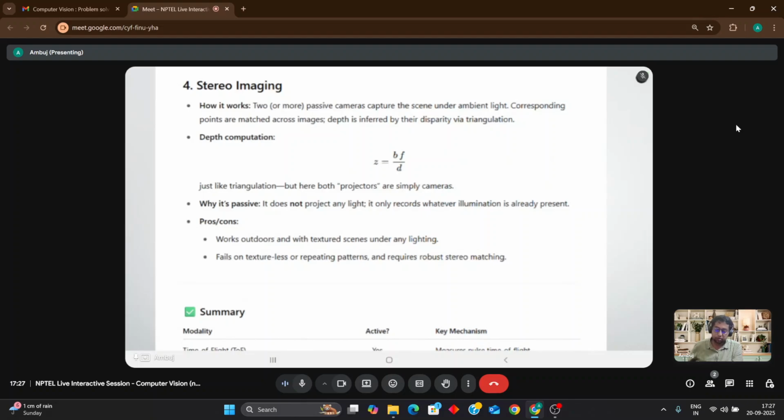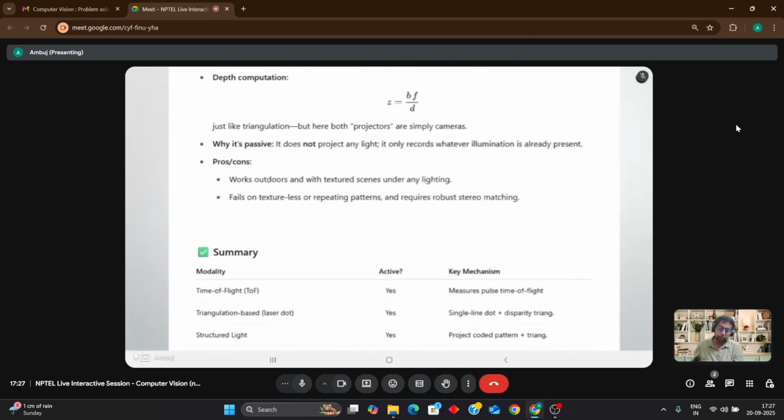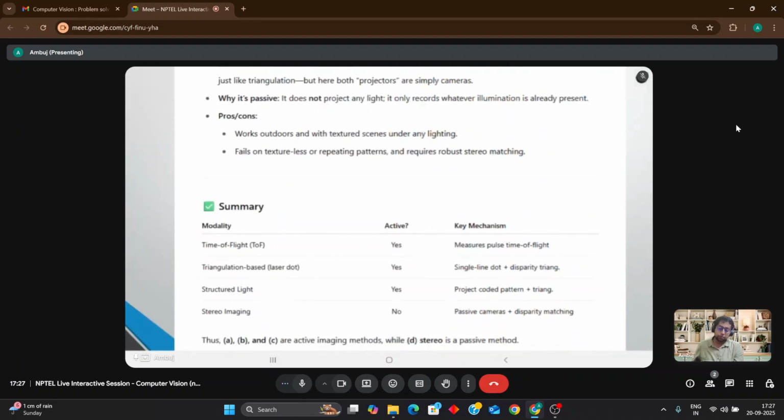Because it does not project any light. It only records whatever illumination is available. It works outdoors on textured scenes without any lighting, but struggles on textureless or repeating patterns.